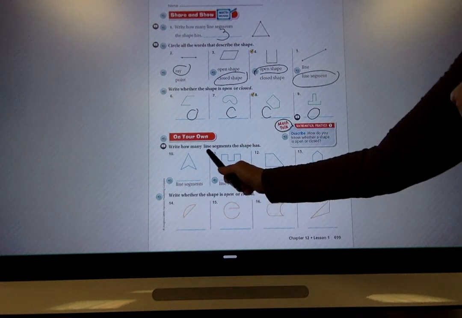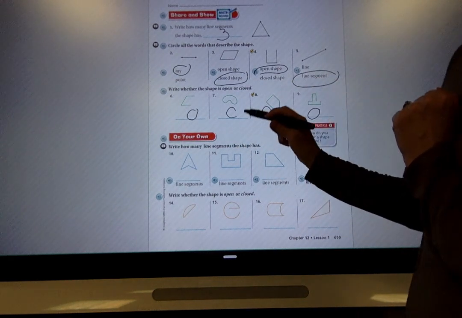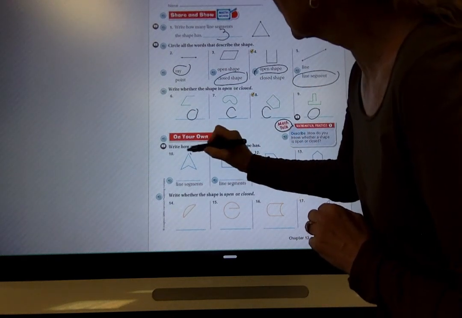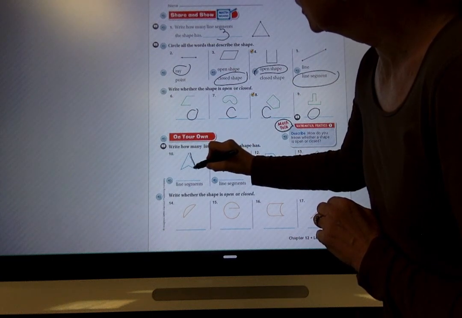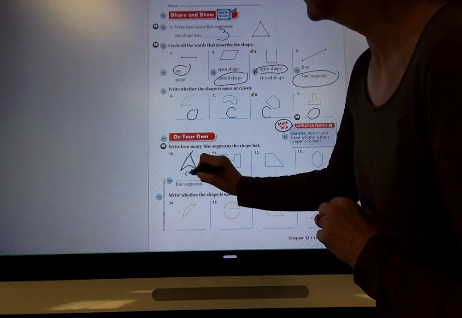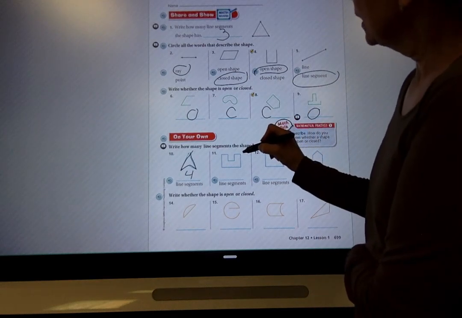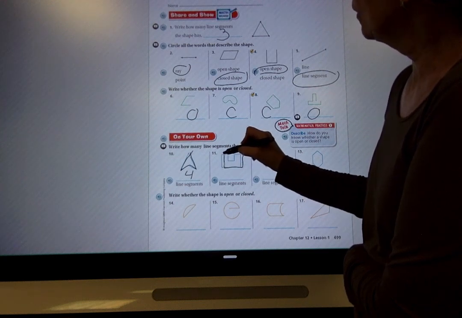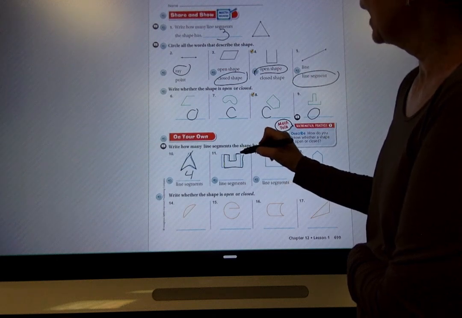Now, write how many line segments the shape has. Let's count them. It's important that you start somewhere with a little mark. So I'm going to start here, and then I want to come back to that starting point. So I'm going to count 1, 2, 3, 4. That was made up of 4 line segments. Let's try this one. I'm going to start here. 1, 2, 3, 4, 5, 6, 7, 8.